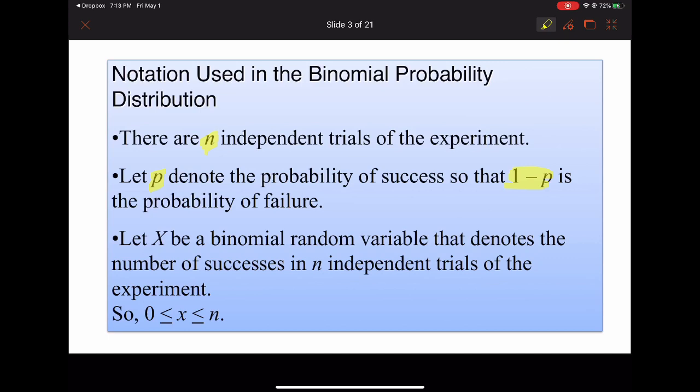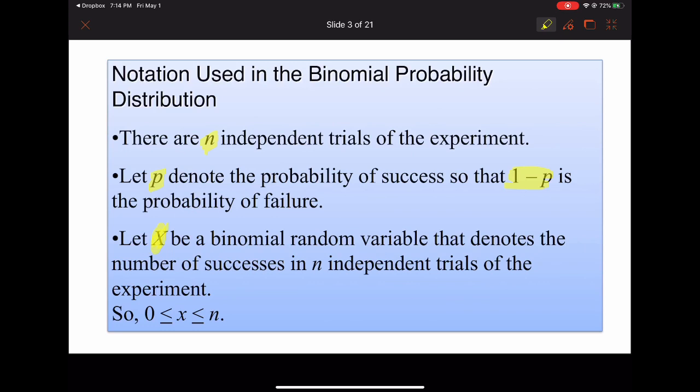X is the binomial random variable, whatever we're talking about. In 6.1, we talked about the number of movies streamed on Netflix each month. That would be our random variable, but it's not binomial because there are not just 2 outcomes.